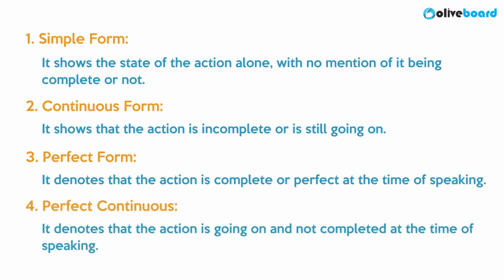The perfect continuous tense denotes that the action is going on and not completed at the time of speaking. The past perfect continuous tense का मतलब फिर ये होगा कि एक particular action जो past में refer किया था हम लोगों ने वो उस समय complete नहीं हुआ था पर वो completion की तरफ चल रहा था. The action was going on towards getting completed.